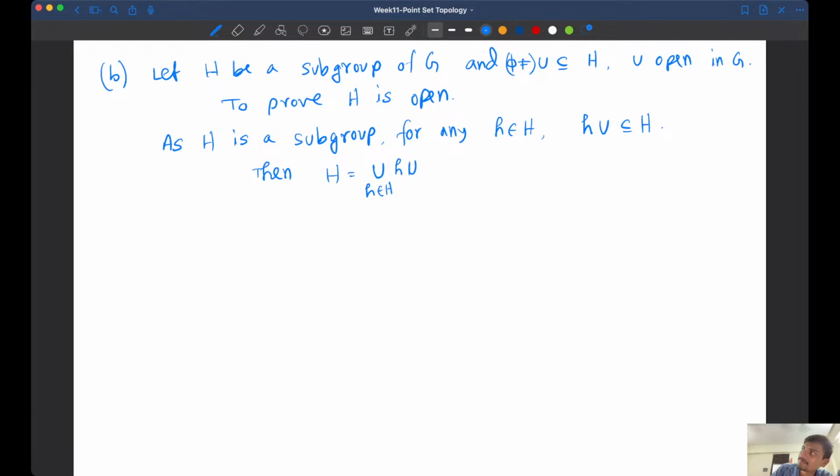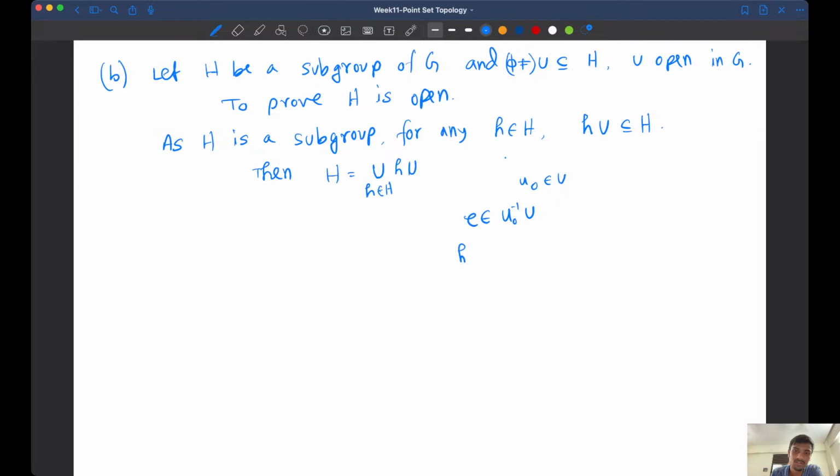Once this belongs to this set, then for any h belongs to H, you consider just h u naught inverse U. Then this element is an element of H, and so this will belong to this collection, and h belongs to it definitely. So hence any h is contained here. So here basically you need to use that U is non-empty.